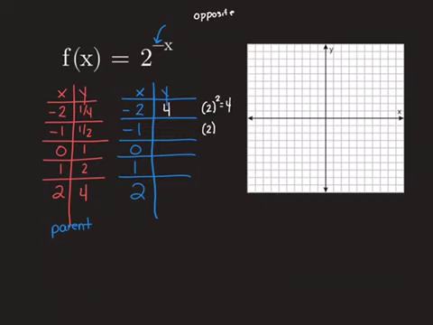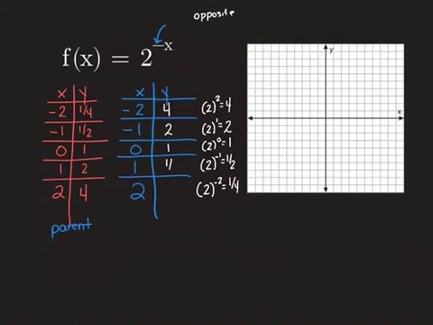I'm going to plug in the opposite of negative 1, which is positive 1, so that gives me 2. I don't have an opposite of 0, so I can just go ahead and plug in 0. Now here I'm going to plug in the opposite of 1, which is negative 1, so that's 1/2. And then I'm going to plug in the opposite of 2, which is negative 2, so that's 1/4.